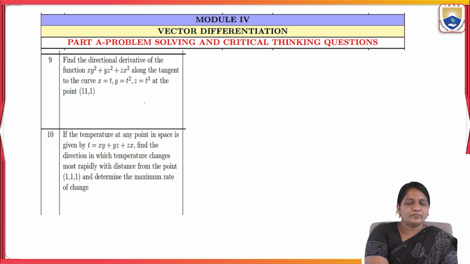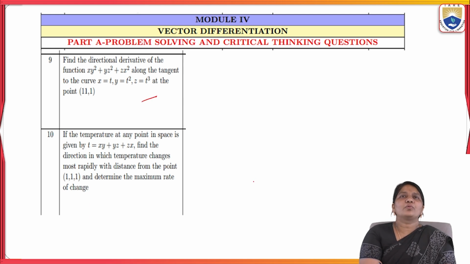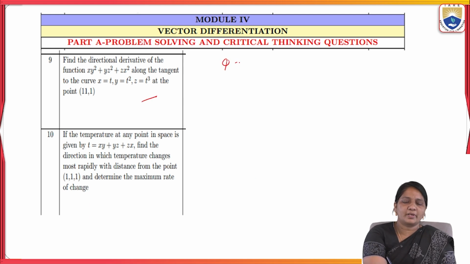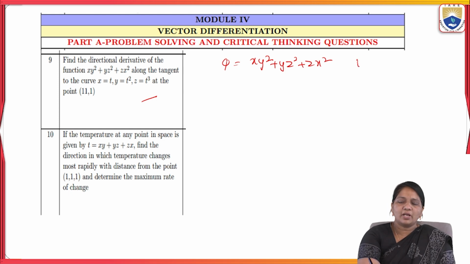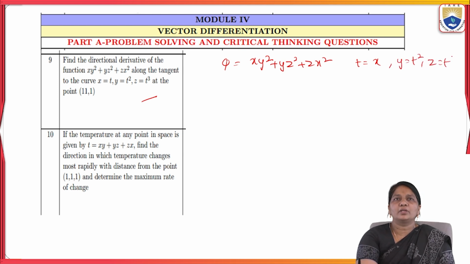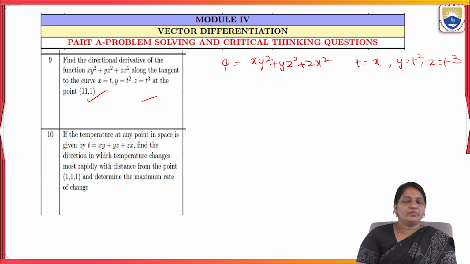See this one, ninth one. Find the directional derivative of the given function. What is that function? Phi equal to xy² + yz² + zx² along the tangent of the curve. So we are taking here x equal to t, y equal to t², and z equal to t³ at the point (1,1,1).